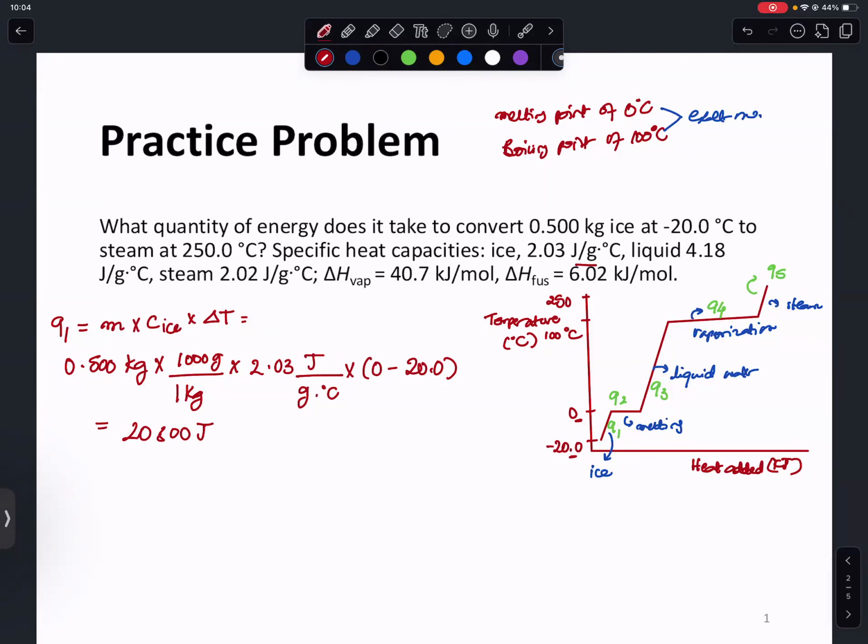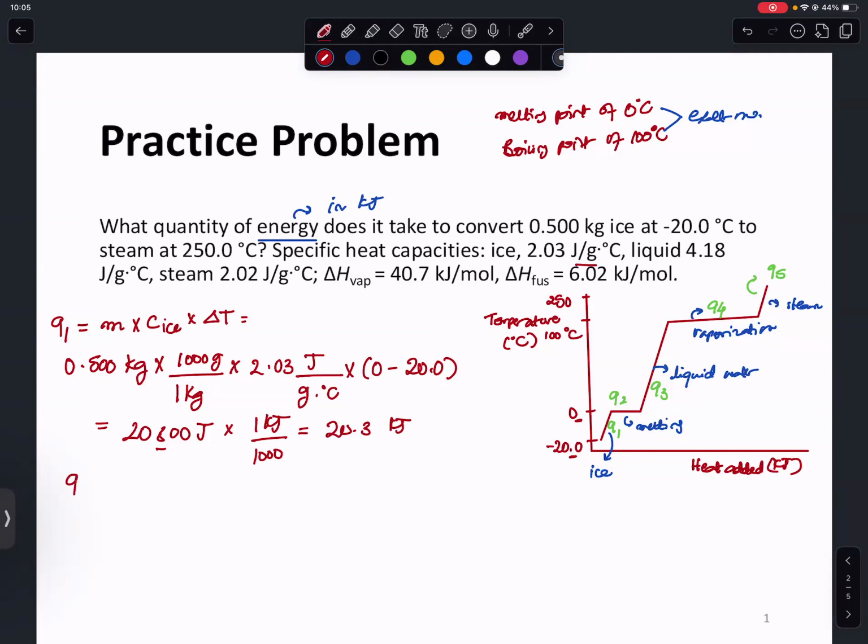We have 3 sig figs, and I like personally to change it to kilojoules. It will usually be given to you in the question, so I will just divide it by 1,000, and it will be 20.3 kilojoules.